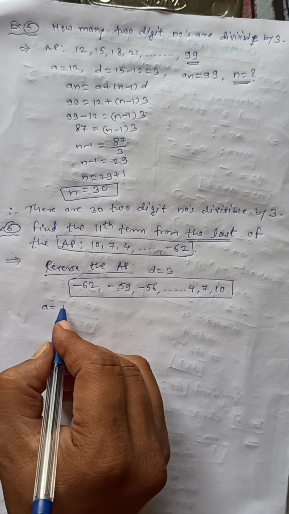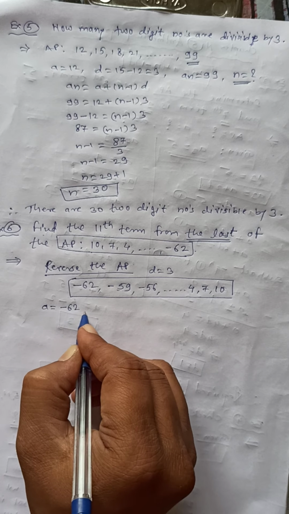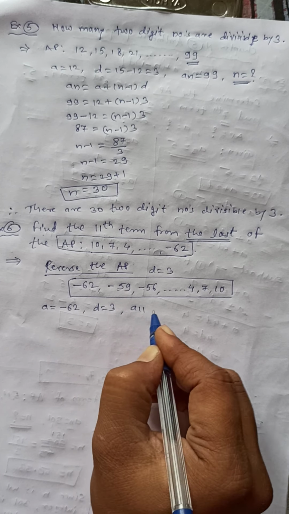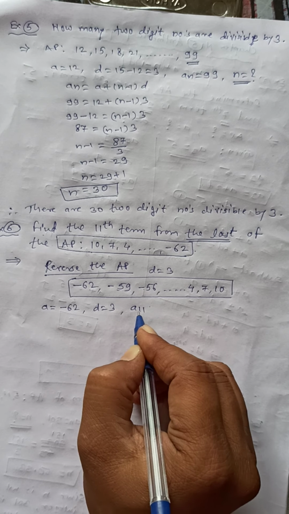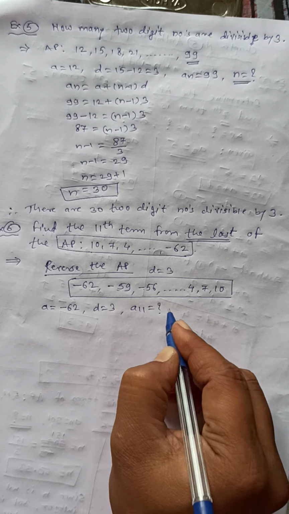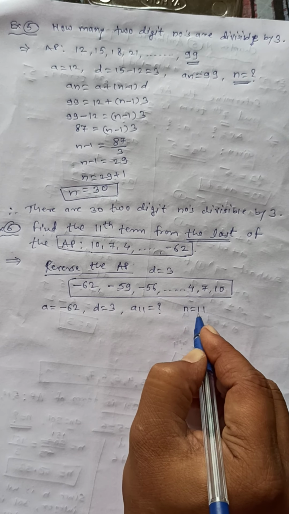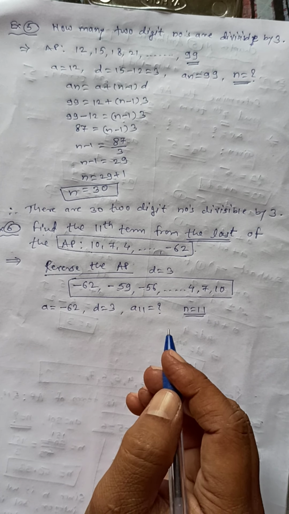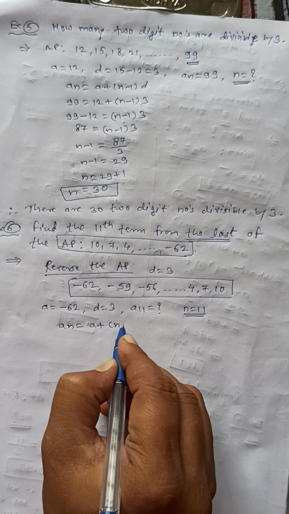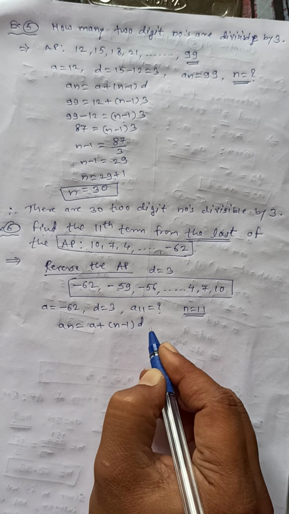Now we check the initial term: a is equal to minus 62, and the common difference d is equal to 3. We have to find the 11th term, a11, so n is equal to 11. We know that an is equal to a plus n minus 1 into d.